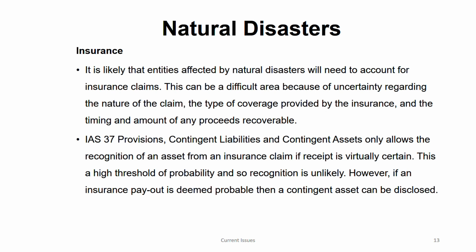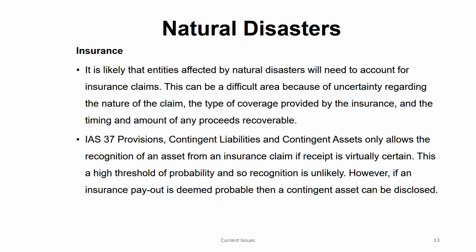That means for this to happen, you need a very high probability that it is going to happen, and most of the time this is very unlikely. That's why you do not recognize it, right? But if there's a probability that you are going to receive the insurance claim, then a contingent asset can be disclosed.